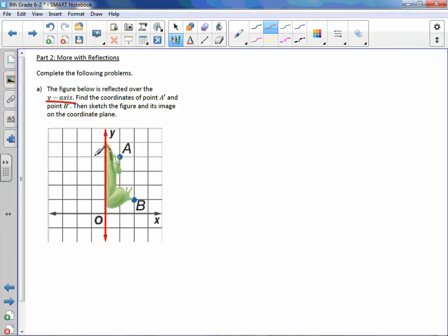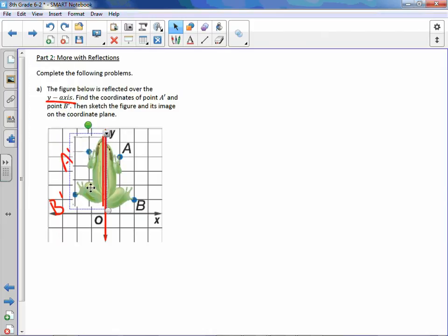So A is 1 away. So this is A prime. And B is 2 away. So this is B prime. Do your best here to sketch the frog on the opposite side. I, however, to save time, am just going to show you the reflection right there.